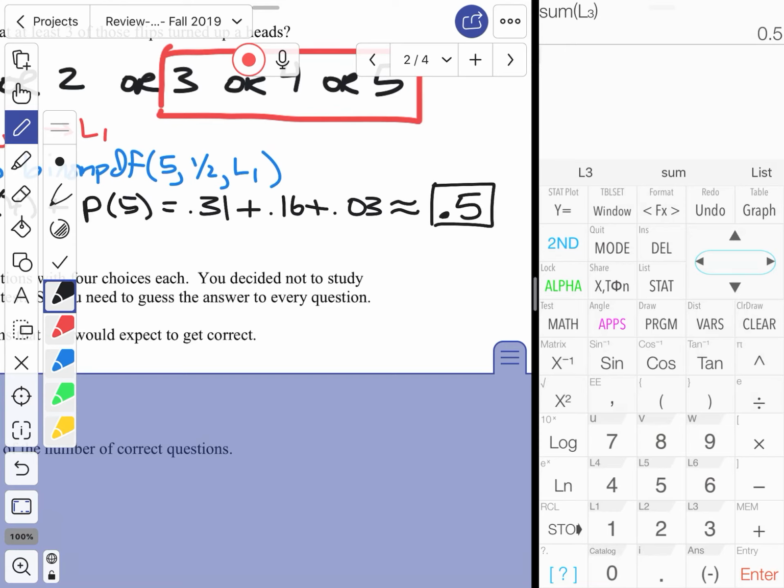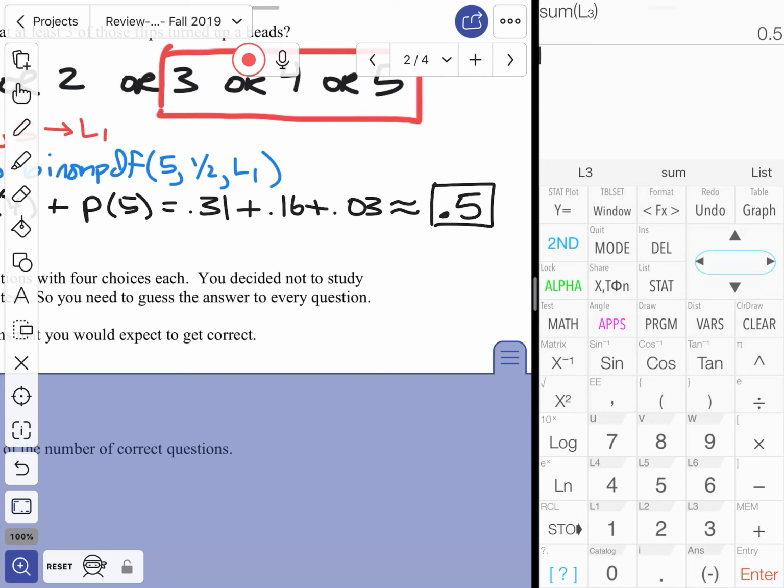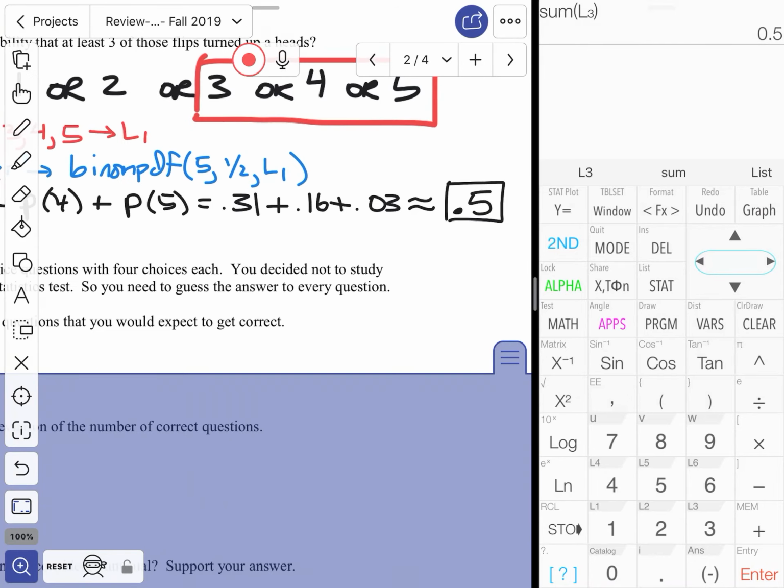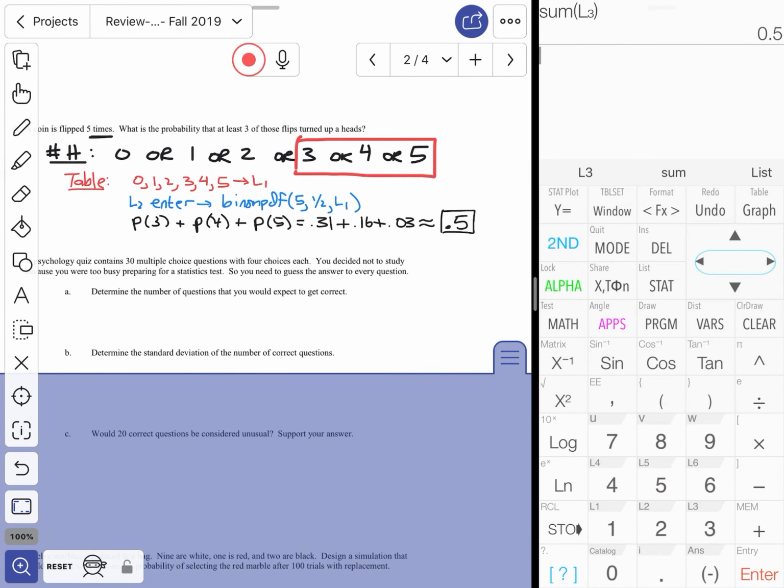So it actually turns out that it's exactly the sum of those three rounded values, but it's also the sum of those three unrounded values that's equal to 0.5. So, you know, sometimes you get lucky.